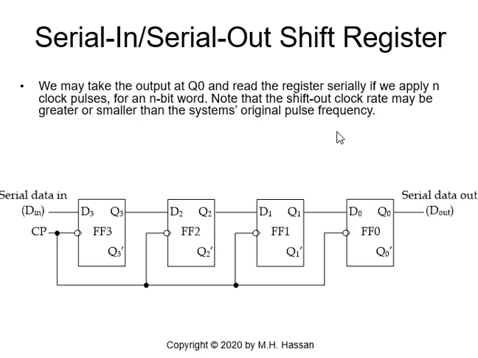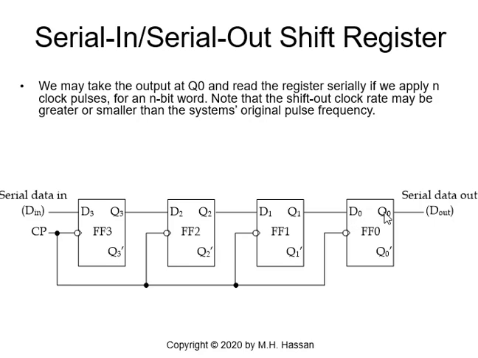So we have a serial data in, Dn, which goes to the input D3. After the first clock pulse, the data comes here. For instance, if you are sending 1, the 1 will come at the output of Q3. Now Q3, if it was 0, will move to Q2, Q2 will move to Q1, and Q1 will move to Q0.